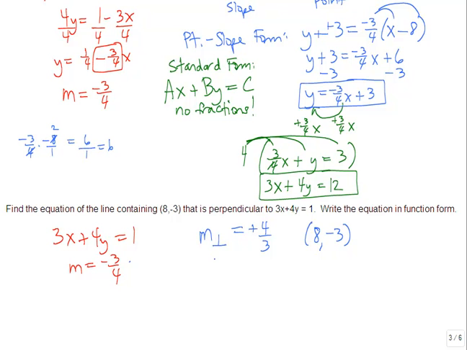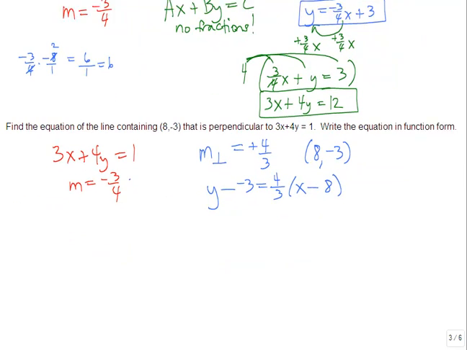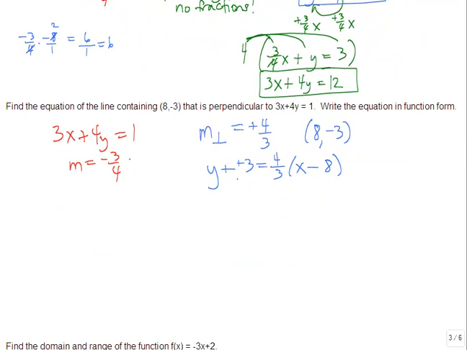So let's do point slope form again. We want y minus the y value, which was -3, equals our slope, and now we're going to use 4/3, parentheses x minus the x value 8. And now we're going to clean it up, plus plus, so this becomes y + 3.